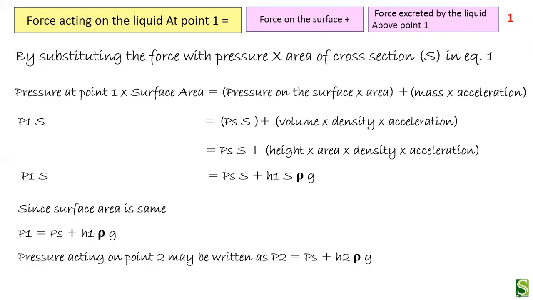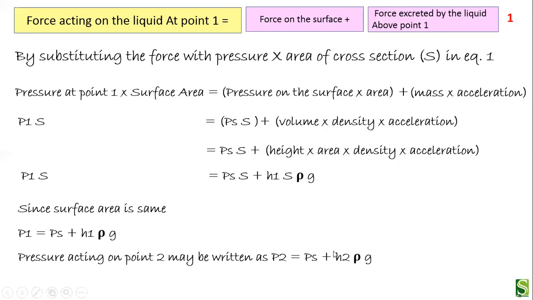Okay, now we know that the surface area is going to be the same on all sides, so this quantity S will get cancelled on both sides, and we will get P1 is equal to PS plus H1 rho G. Now we know this is the equation for pressure at point 1, so we will write the same equation for pressure at point 2, and it is written as P2 is equal to PS plus H2 rho G. Now what is changing here?